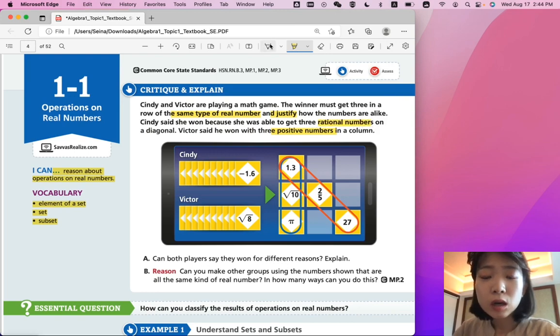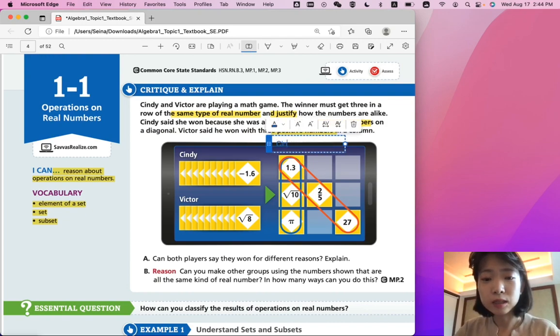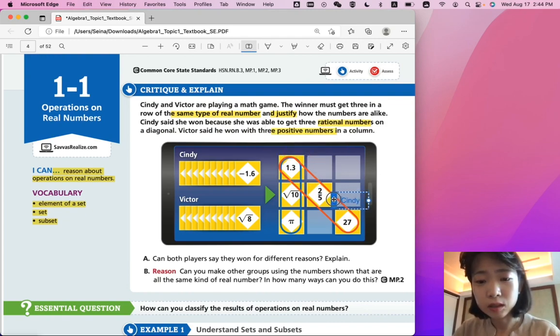Okay, so we can see that Cindy is probably representing which color? 3 rational numbers on a diagonal. Diagonal is represented as the red one. So that's Cindy.